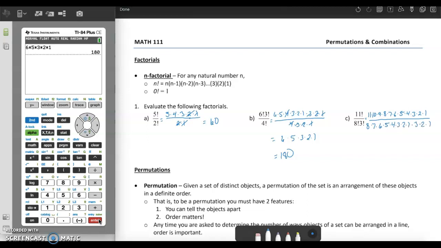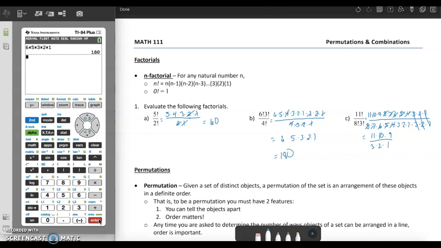Okay, start canceling things out. I'm going to start with these. We've got 1's at the end, 2's at the end, 3's at the end. Okay. We've got 8's, 7's, 6, 5's, and 4's. So it looks like we've got an 11 times 10 times 9 left on top and a 3 times 2 times 1 on the bottom.